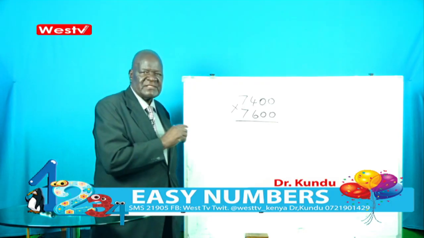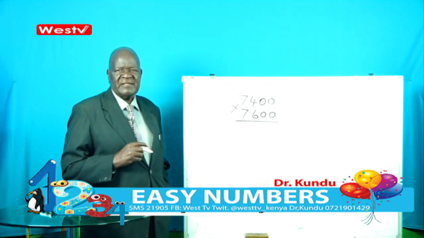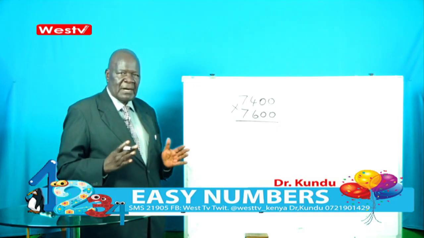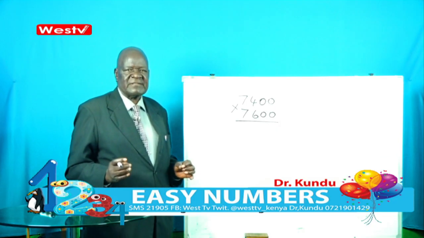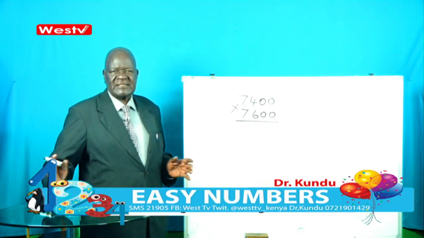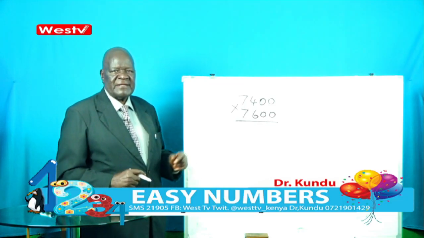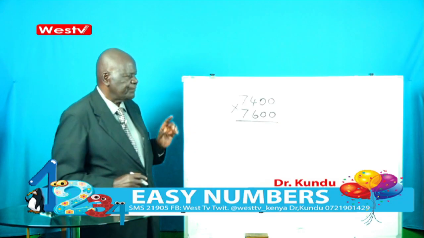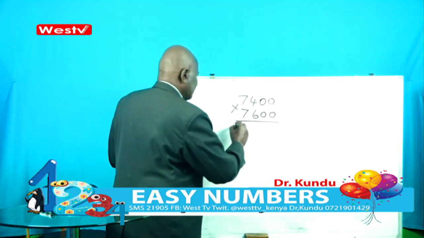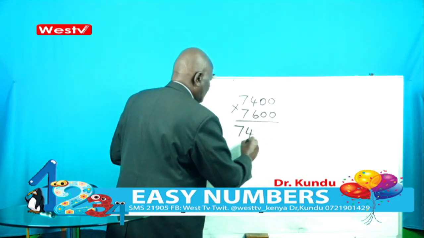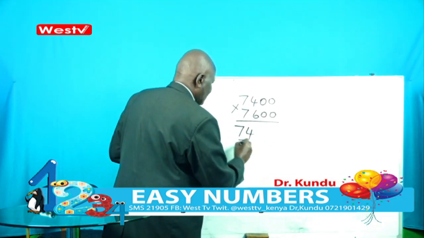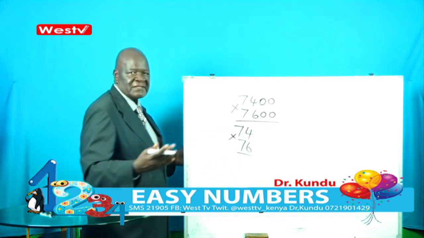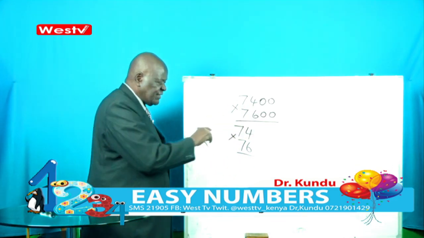And to me, this is a mental problem. It's not anything hard. All you do about numbers ending in zeros is you set aside the zeros and deal only with plain numbers. So in which case, you will be dealing with 74 by 76. Those are the plain numbers in this problem. Just set aside the zeros and deal with these ones.